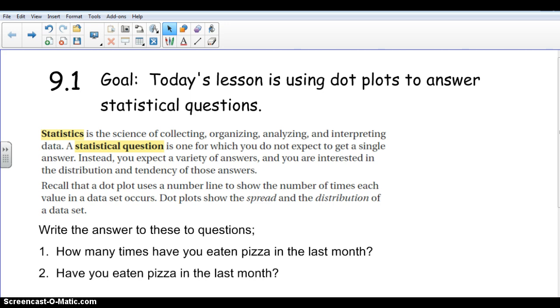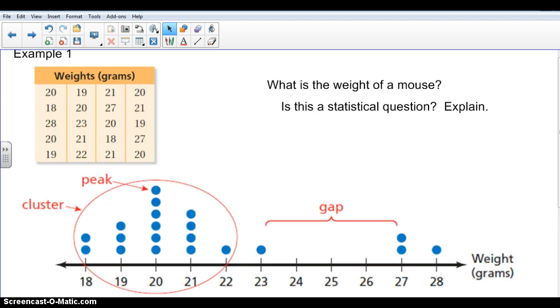So you think about it this way. Can I make a line plot, or in this case, they call it a dot plot, which is the same thing. Can I make a line plot or a dot plot with this information? If I have a yes or no question, I can't do anything with it. All right, so the statistical question is, how many times have you eaten pizza in the last month?